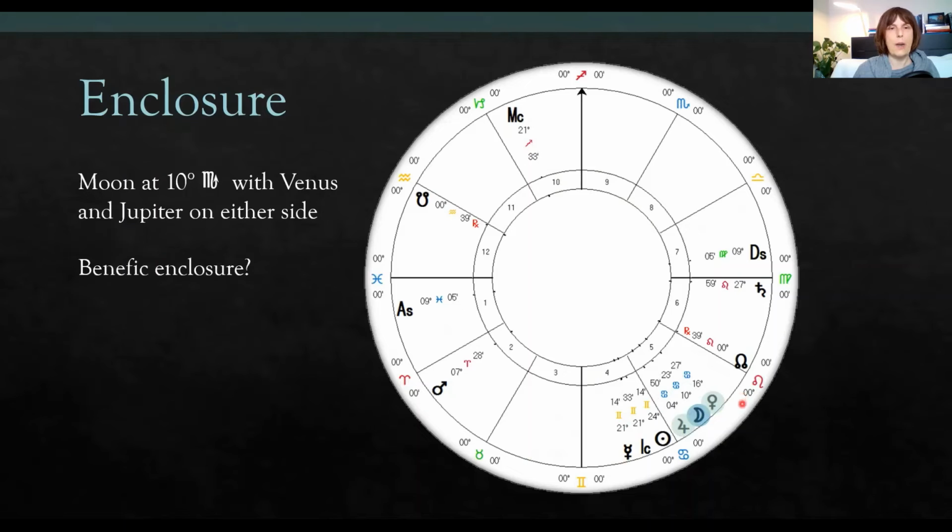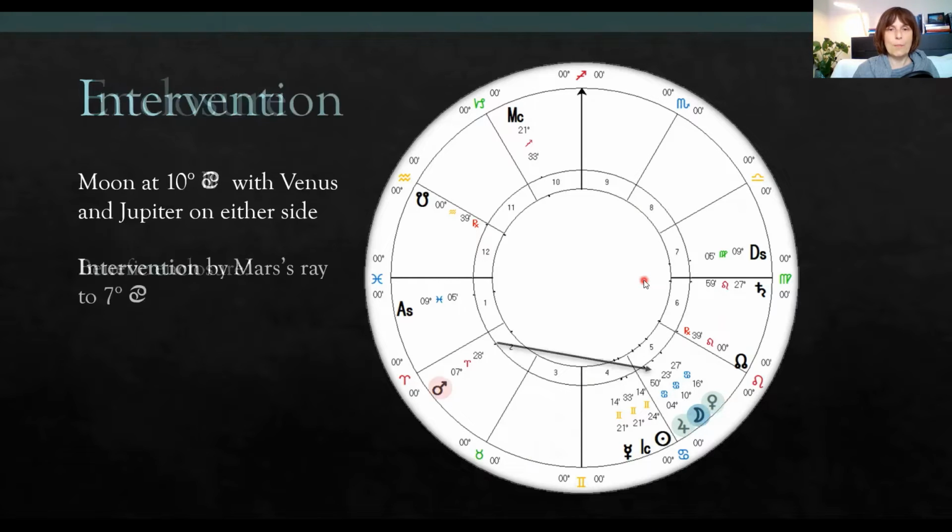You see, at first glance, it looks like the moon is sandwiched here between both of the benefics. However, Mars at 7 degrees Aries sees these planets by a square, so it is casting a ray to 7 degrees Cancer, and thereby breaking the benefic enclosure.